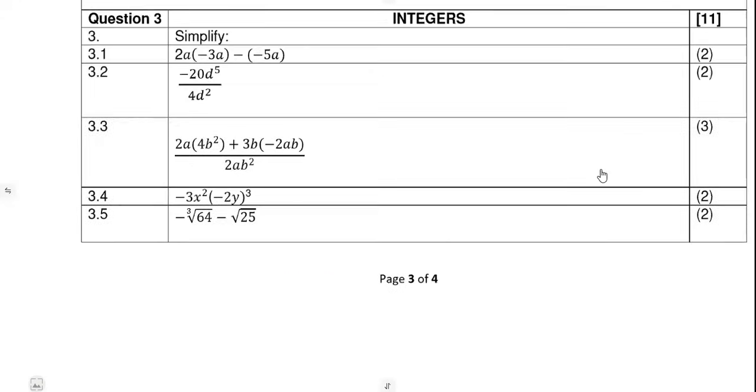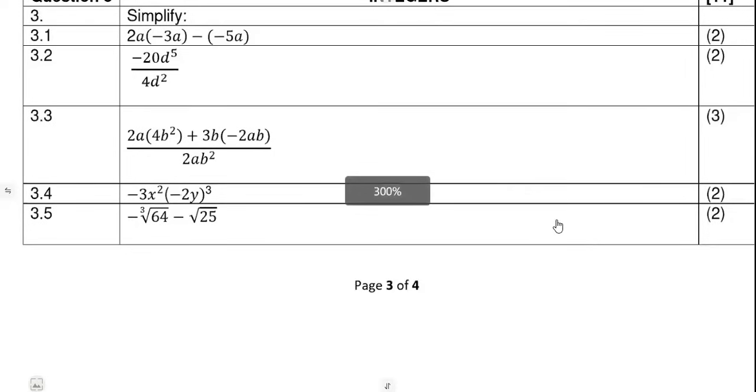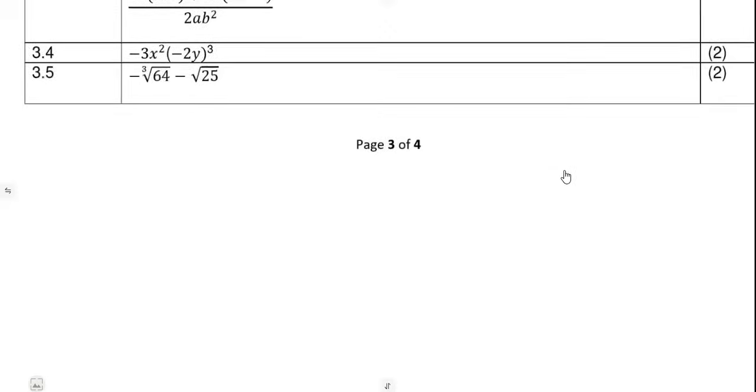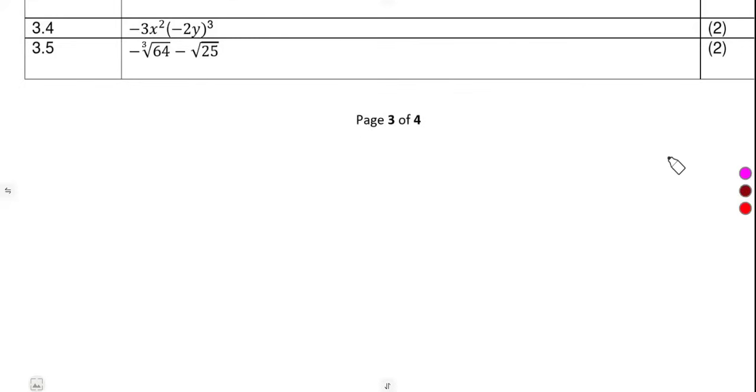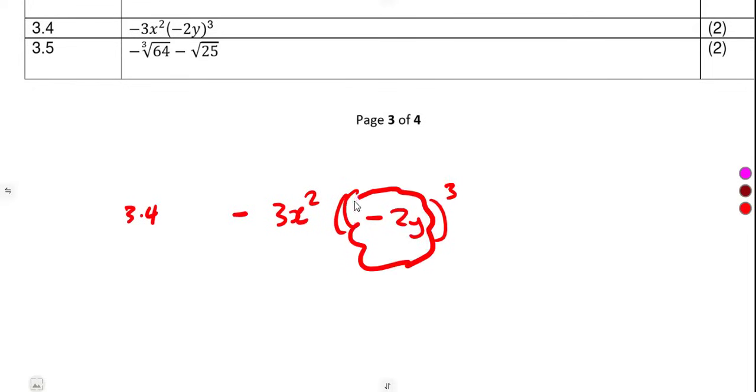Make sure that you go through the revisions, but we talked about these guys on your introductions. Make sure you go through each topic separately. On 3.4, using the same approach, minus 3x squared into what? Minus 2y, but there is an exponent of 3 affecting only this bracket.